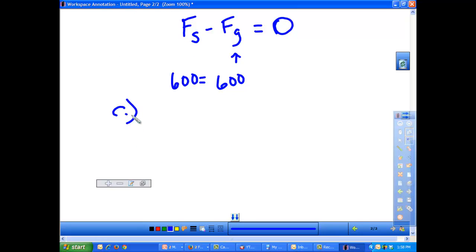So let's look at part C. Part C says, what is it when the acceleration is -1? Again, same setup, because the free body diagram hasn't changed any, right? He still has the force of the scale and his weight.